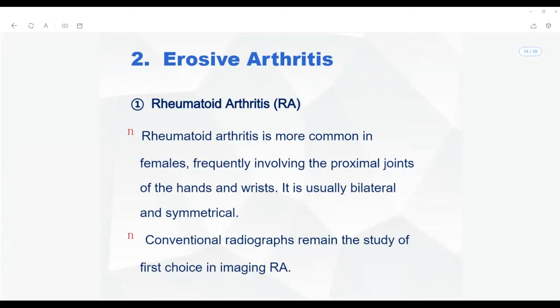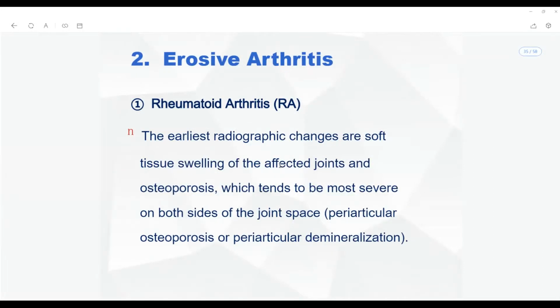See, rheumatoid arthritis is more common in females, and it happens more in the proximal joints of the hands and wrists. Conventional radiographs are the investigation of choice. The earliest radiographic changes you will find are significant soft tissue swelling of the affected joints, and osteoporosis.